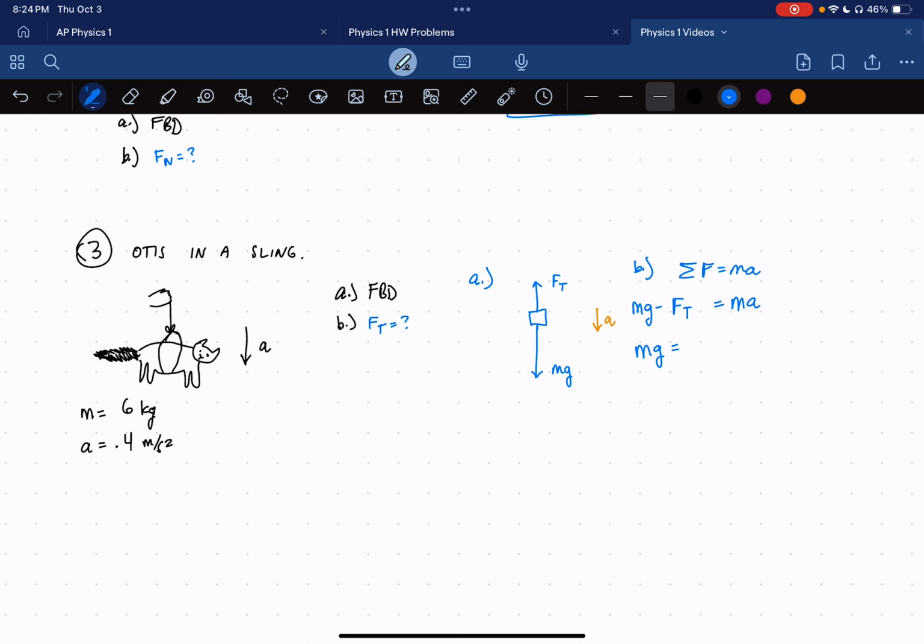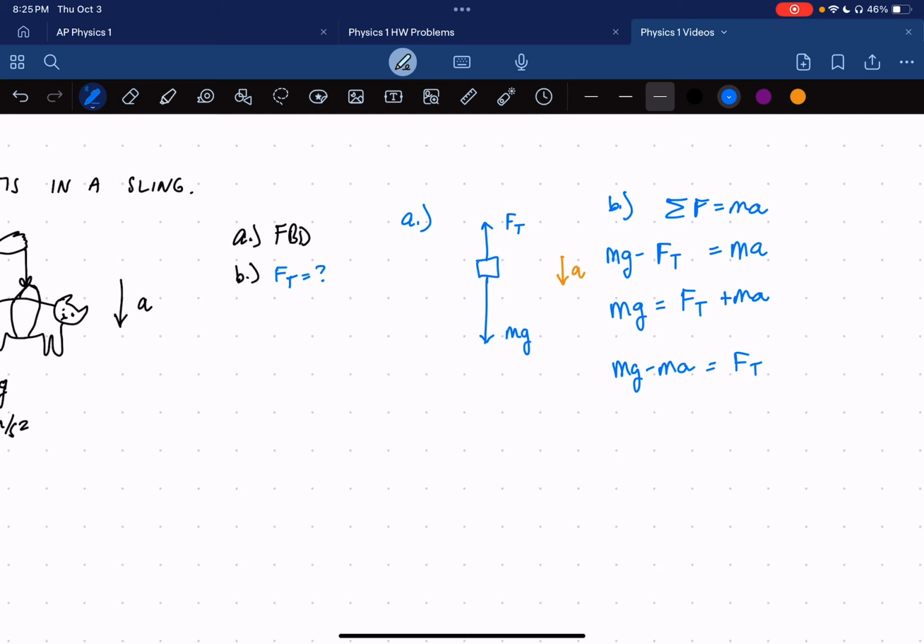We're trying to find Ft, so I'm going to move Ft to the other side, and then I'm going to subtract ma, so you should get mg minus ma equals Ft. And now we can substitute. Mass of Otis is 6.